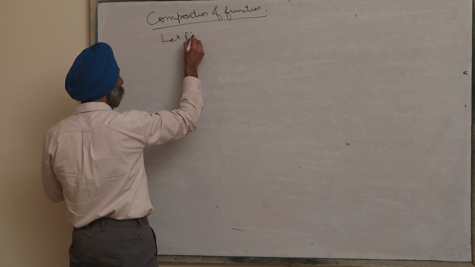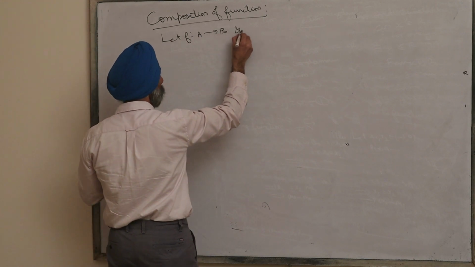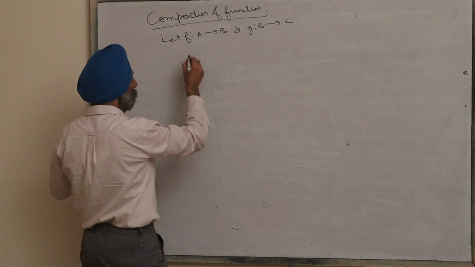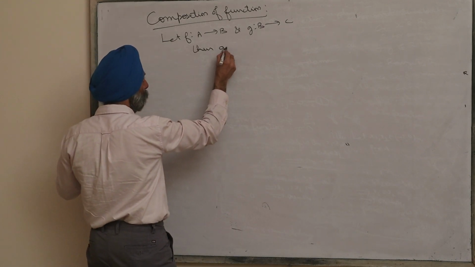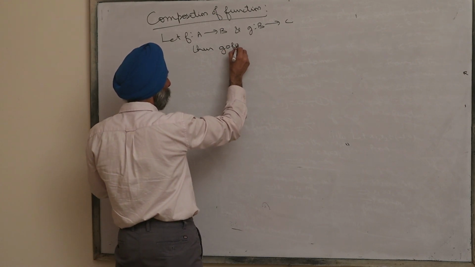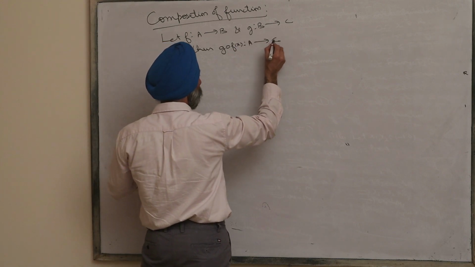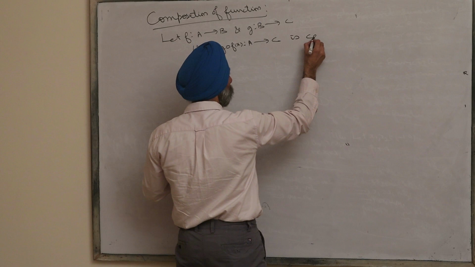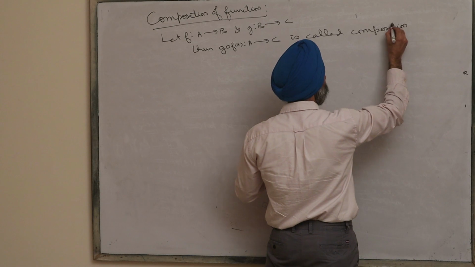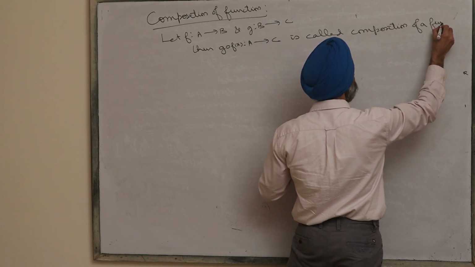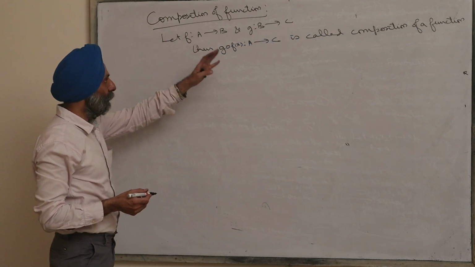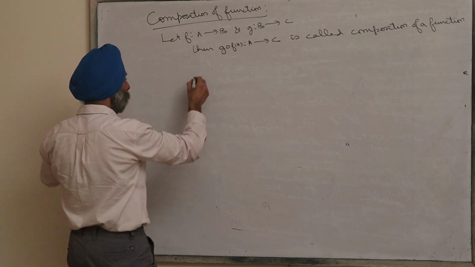Let f be a function defined from A to B and g be a function defined from B to C. Then if we are able to define g(f(x)), a function defined from A to C, it is called composition of a function.